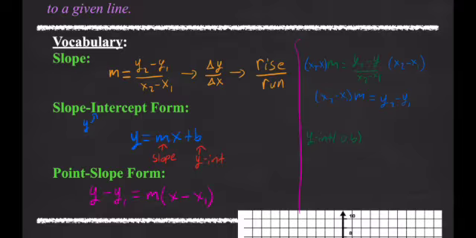So we end up with x minus 0 times m equals y minus b. Well, simplifying this, this would be mx equals y minus b. Add b to both sides, mx plus b equals y, or y equals mx plus b. That's how we get those equations.